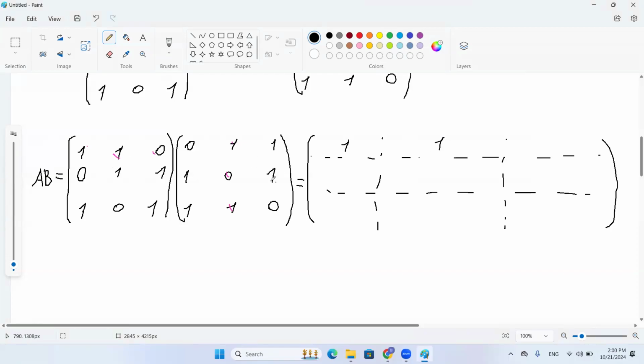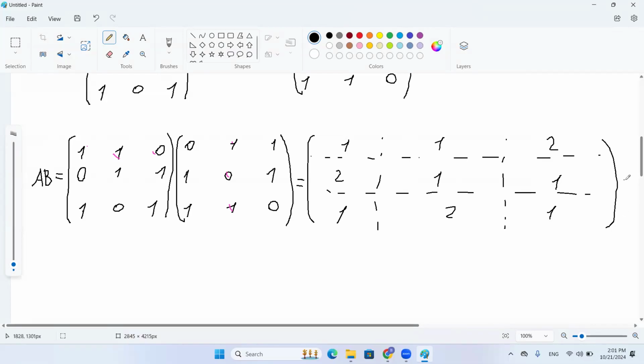Then 1 plus 1 plus 0, 2. Then 0 plus 1 plus 1, 2. 0 plus 0 plus 1. 0 plus 1 plus 0, 1. 0 plus 0 plus 1, 1. And 1 plus 0 plus 1, 2. 1 plus 0 plus 0, 1.